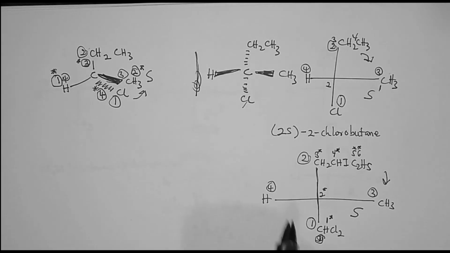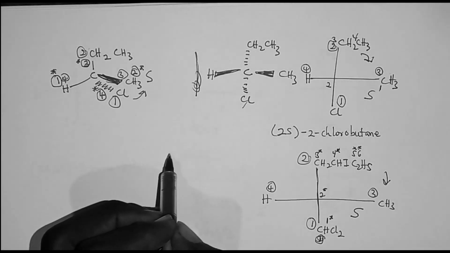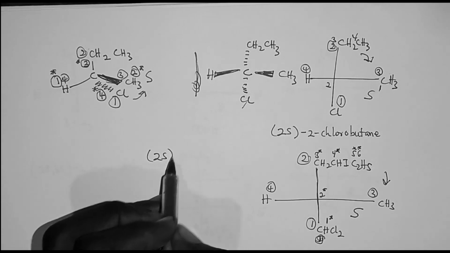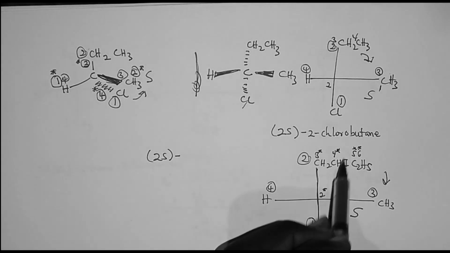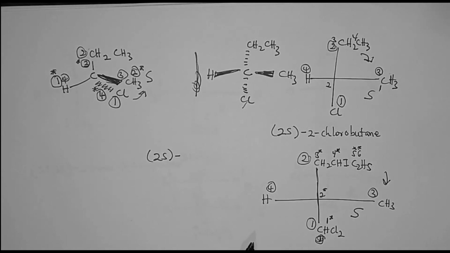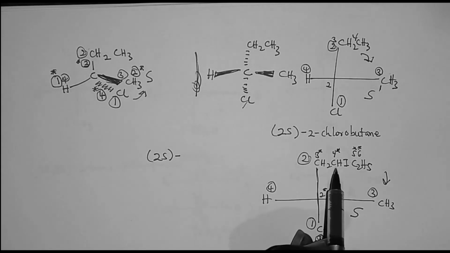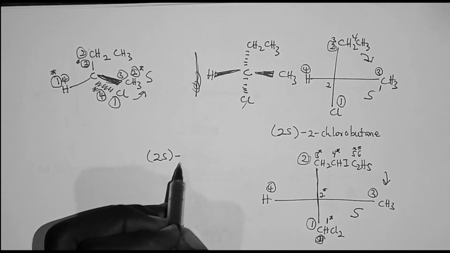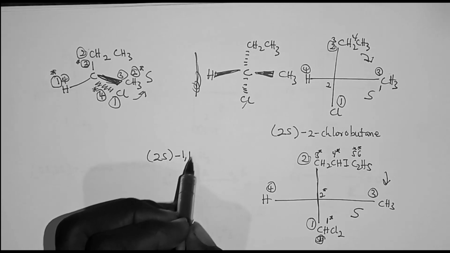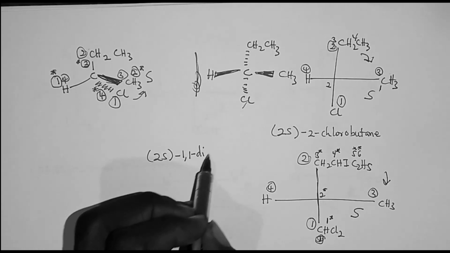So we are going to put 2S, but there are 2 chlorine groups here, and then there's also an iodine substituent over here. In terms of alphabet, C comes before I, and therefore the chlorines are 2, so it's going to be 1,1-dichloro.